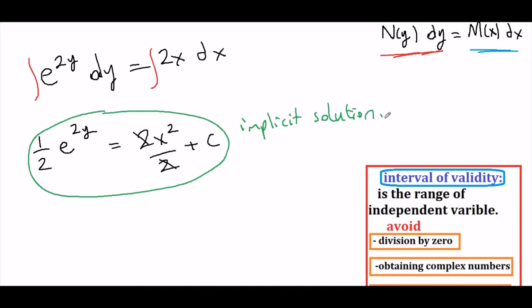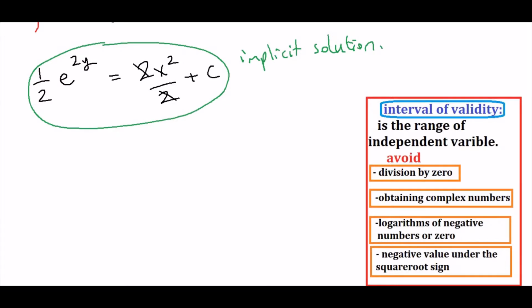Now we can find the explicit solution by solving for y in this implicit solution equation. So step 1, we multiply both sides by 2. So e to the 2y equals 2x squared plus c. Now we're going to take ln on both sides. So we know that ln of e to the x equals x.